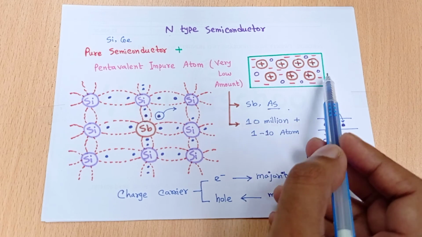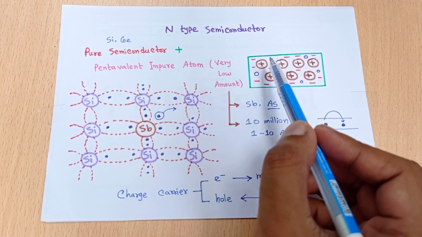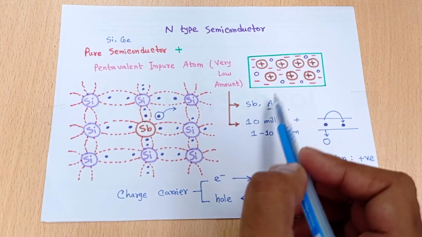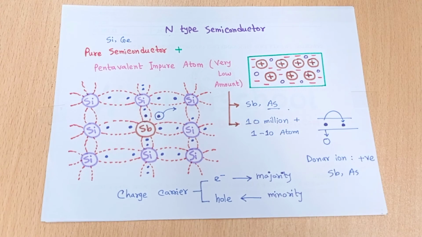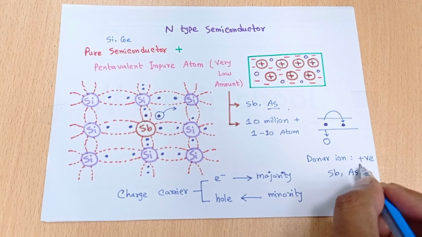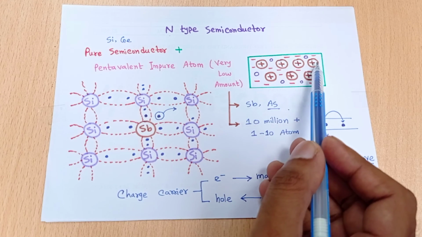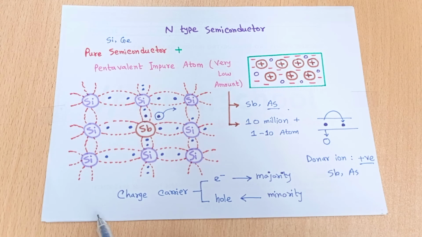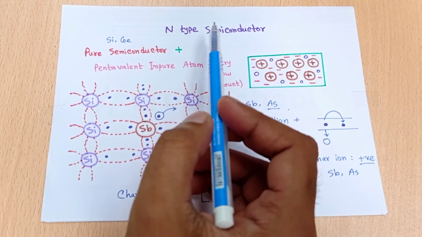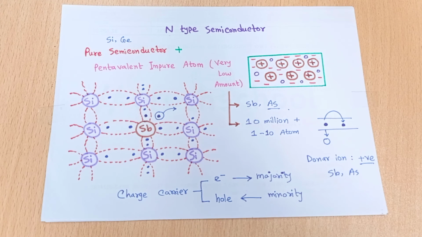Okay, so here is actually our real picture of n-type semiconductor. You can see there are some positive charges that I have shown there, and this positive charge is around the circular shape. So this positive charge is nothing but our donor ion charge. This indicates the antimony or arsenic, and there are several antimony and arsenic atoms that I apply on that semiconductor, because when you make any n-type semiconductor, you do not use only one atom of impure material.